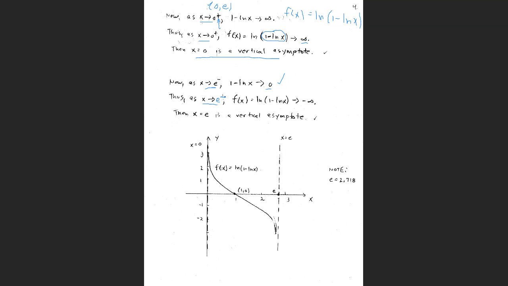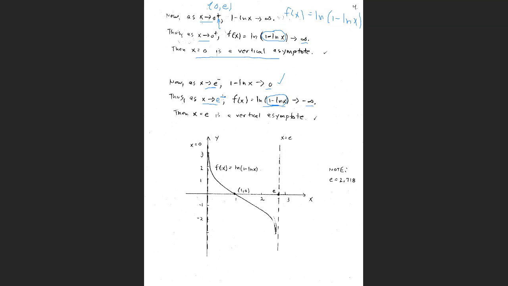So as we're approaching this number e from the left, the function, log of 1 minus the log of x, has to be approaching negative infinity. Because if 1 minus the log of x approaches 0, then the log of 0 approaches negative infinity. So you have another vertical asymptote.